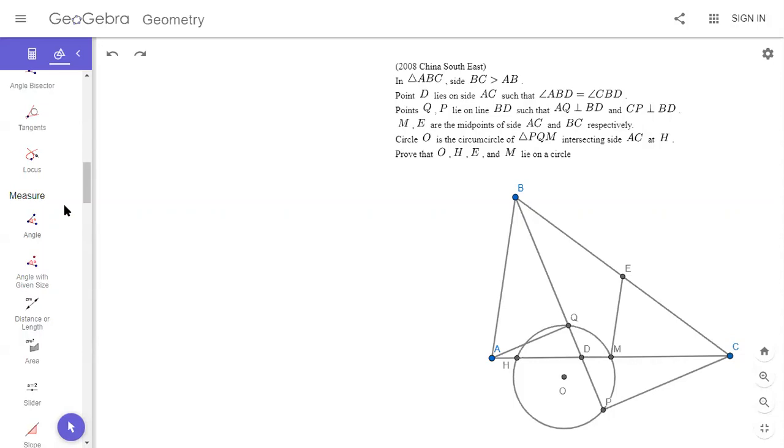Hold on a sec. Yeah, I'm still writing out these ratios on my paper. BP over AM.